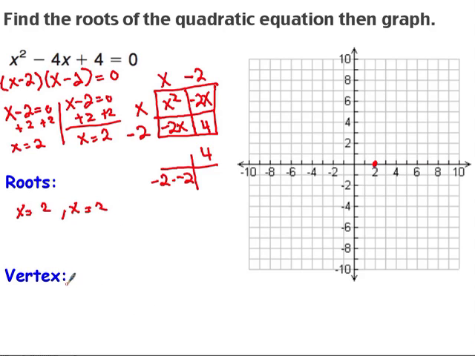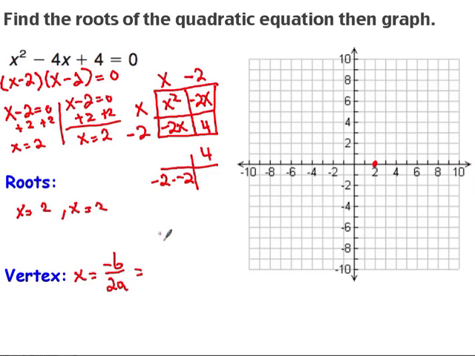For the vertex, since this one has only 1 solution, the parabola is going to go through that 1 solution. But if you want to check that, you can go ahead and use the formula. This is the formula we've been using, negative b divided by 2a, to find the vertex.